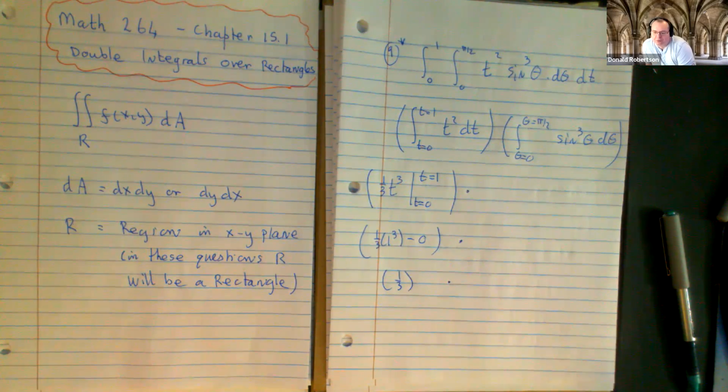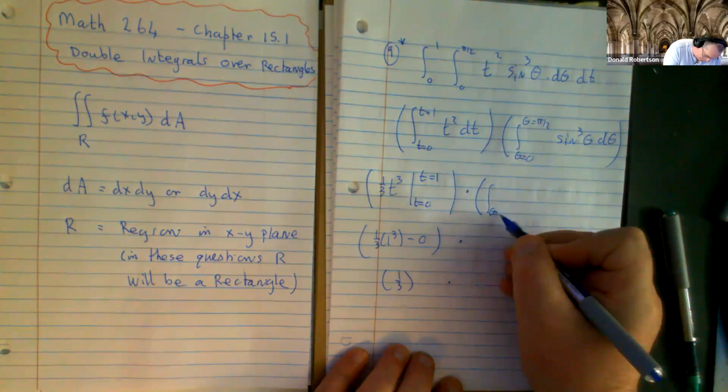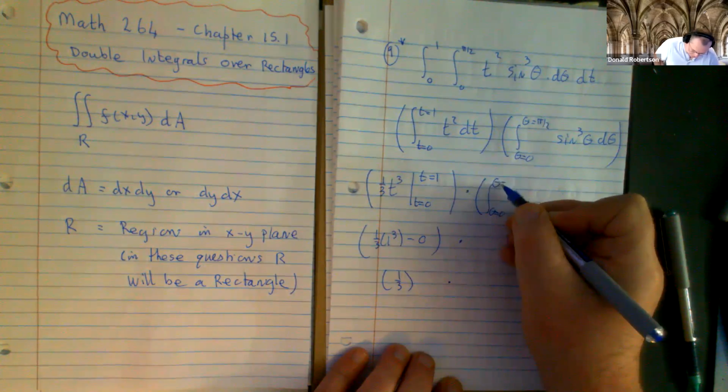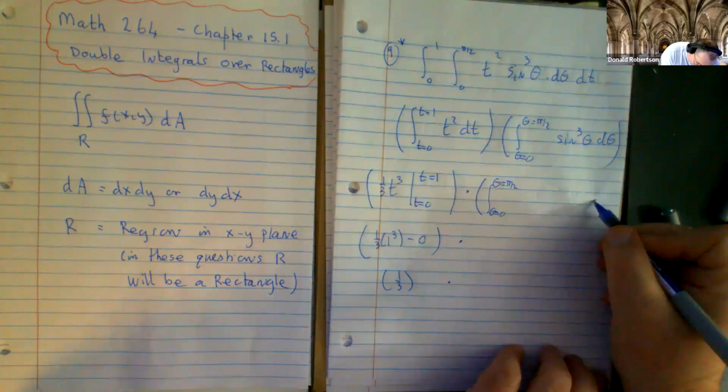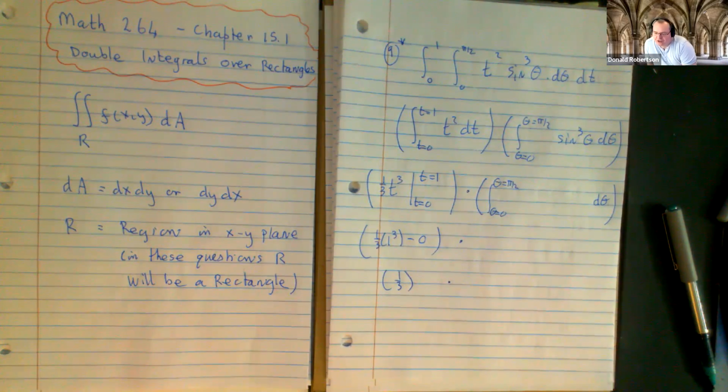Don't want to give away too much of the good stuff. How are you going to integrate sine cubed theta? Any suggestions? How to integrate?